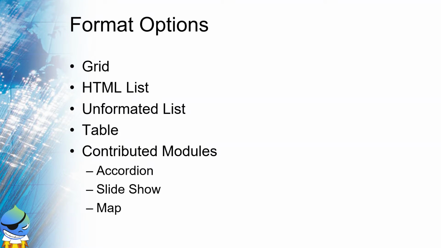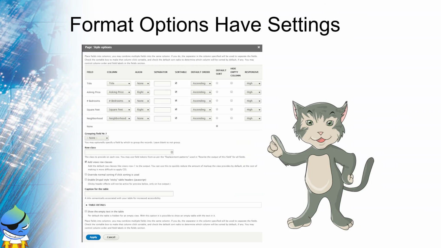The modules haven't all ported yet, but in Drupal 7, the Gmap module is very popular. You can literally put a Google map that is interactive and shows the data that you've put in with that geolocation field, which is one of the reasons why the geolocation field is so handy. So once we've picked the format, now we have options.